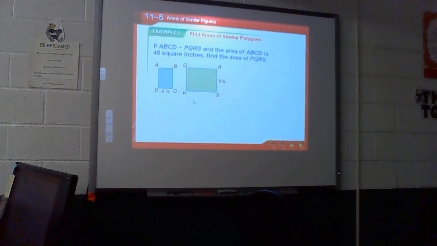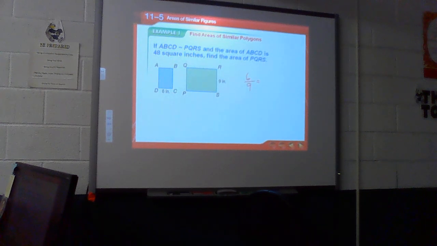So when we do this now, can you tell what the ratio is by the given sides in the problem? What's my scale factor of the blue one to the green one? 6/9, right? So I can write my scale factor as 6/9. And then they want us to use that scale factor and find 48 square inches.